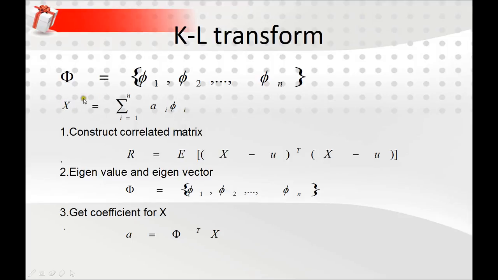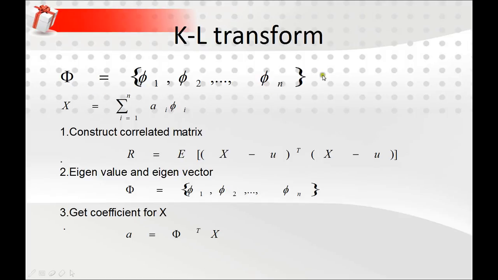X is the picture, and this is an orthogonal space, and we just remember n, the number of bases is n, and we just need to remember n coefficients. So it will reduce n by n pixels to just a small n. This is the number of pictures. It reduces a lot.